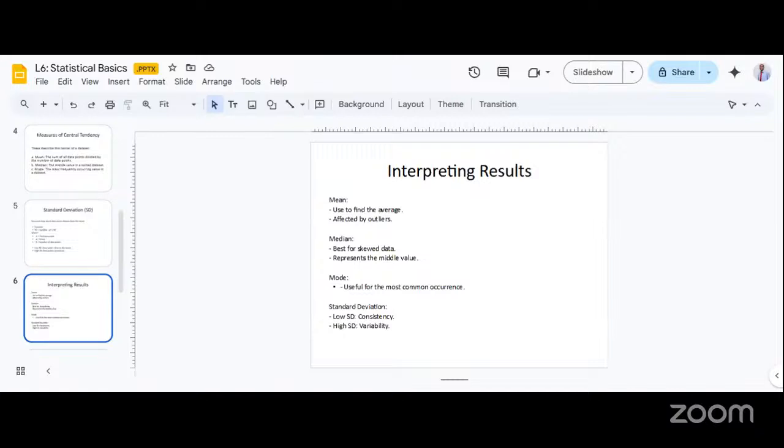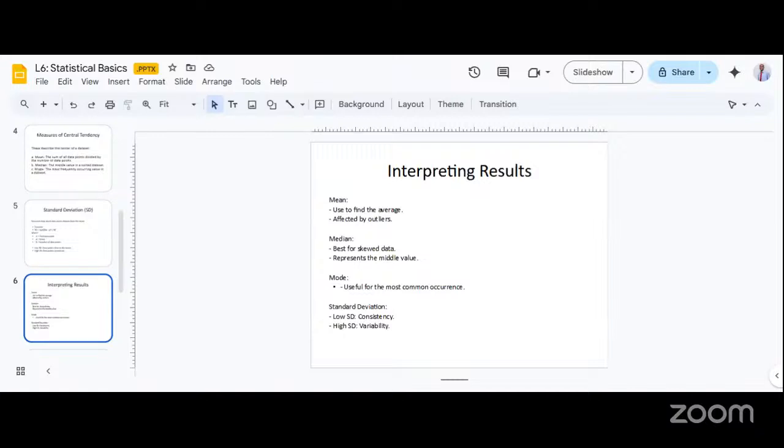So by default, you should know that you're using average or mean. But if the data is affected by outliers, you now know to go to median as an option. Remember, we have three measures of central tendency. There are situations where you would use mean, which is most times the default.